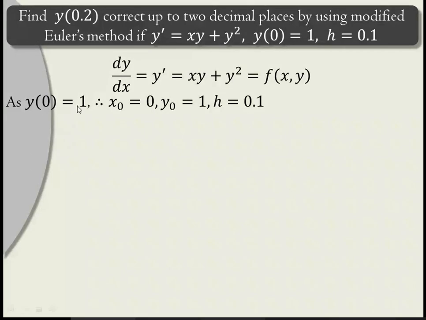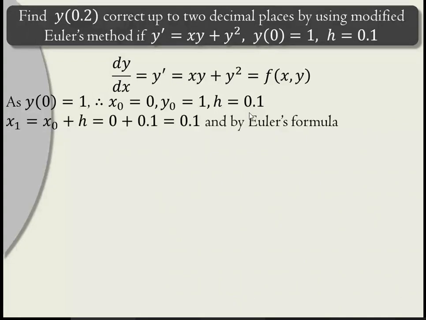h is 0.1. So first find the value of y at x1. h is given as 0.1, so it will be x naught plus h, 0 plus 0.1. So x1 will be 0.1. So firstly we'll get the value of y at 0.1, but we want to find it at 0.2. So firstly we find y1 by using the approximate formula. Then we find y2 because we want to go up to y at 0.2.